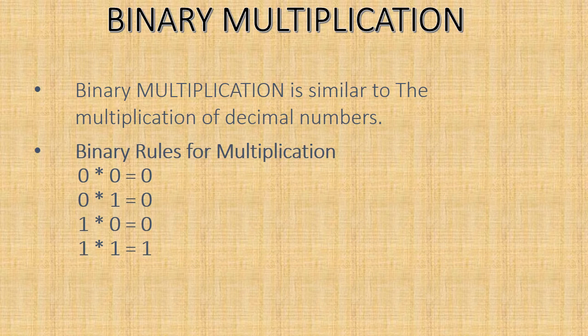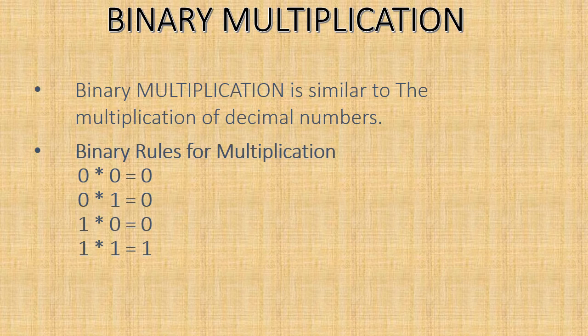So we'll start from binary multiplication. Binary multiplication is similar to the multiplication of decimal numbers. And the rules for binary multiplication, here four rules I have mentioned. Children, you should know binary number system means here we are using only two digits, 0 and 1.